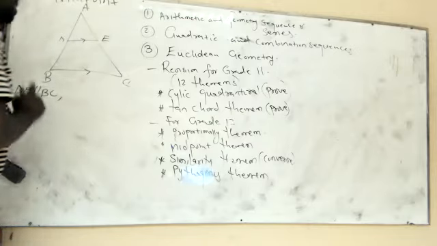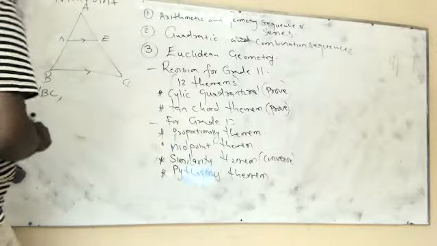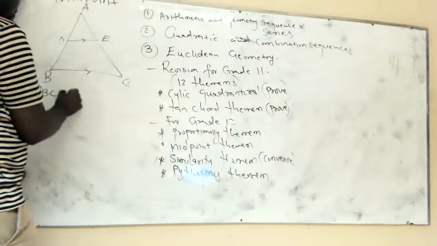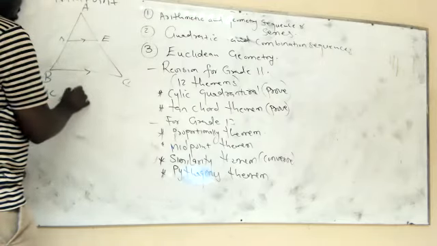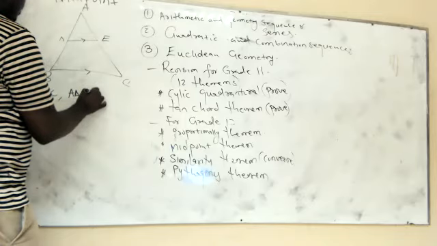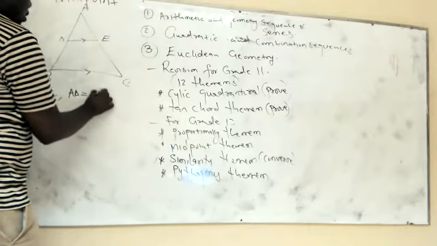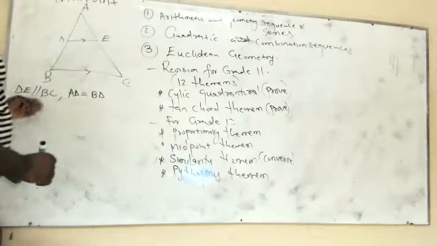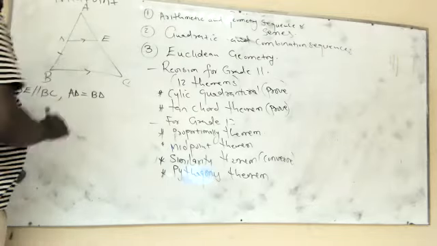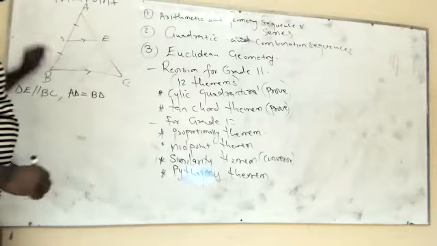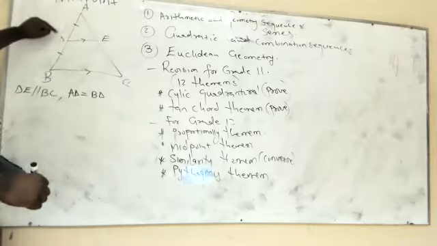The second assumption you're supposed to make here is that AD must be equal to BD. This is the second assumption you must make in this case. So this side, BD, must be equal to the side AD.